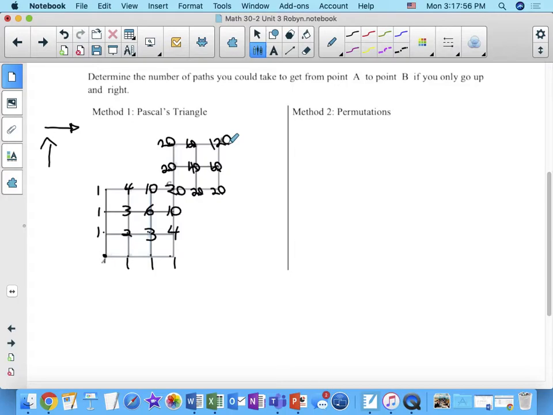Yeah. Now, if we're working this out with permutations, here's what we have to do. We've got to go from A to C and C to B. So again, what does and mean? Multiply.